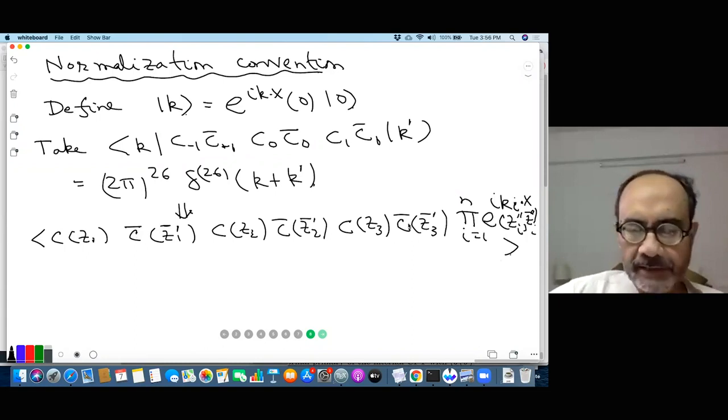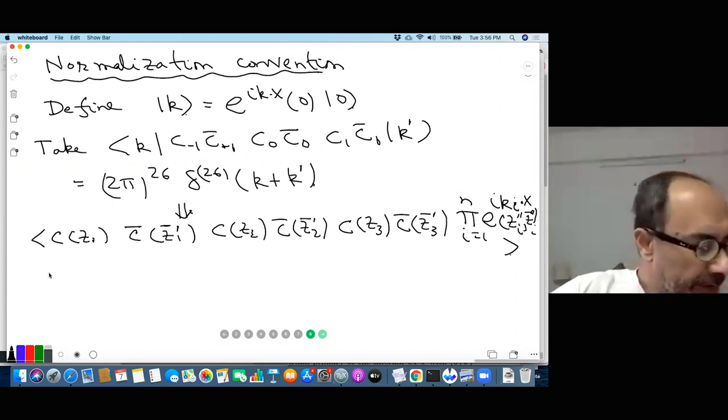So product of the c's and then product of e to the i k_i dot x at z_i prime, z_i double prime bar. So this one is given by the following expression.